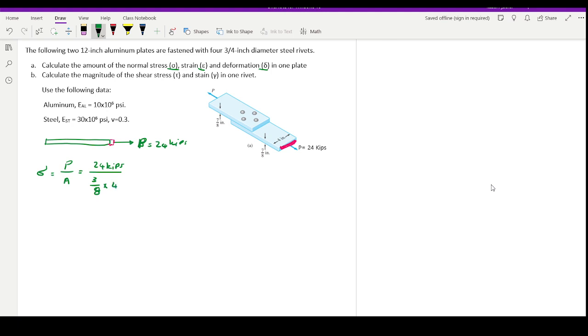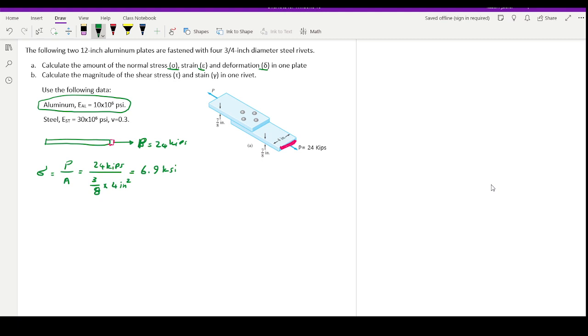So this is the area that we are looking for. And if you solve this, it's inch by inch times inch, so inch squared, and it's going to be 6.9 KSI.